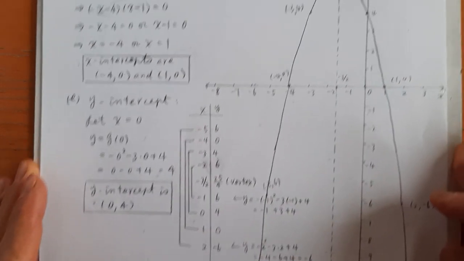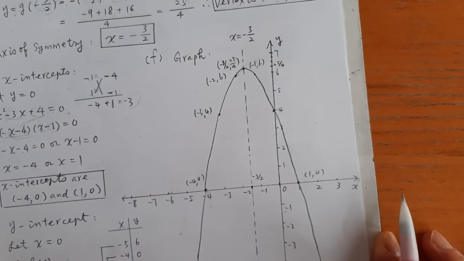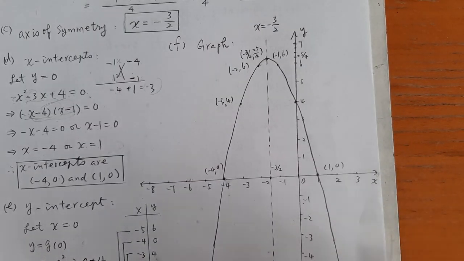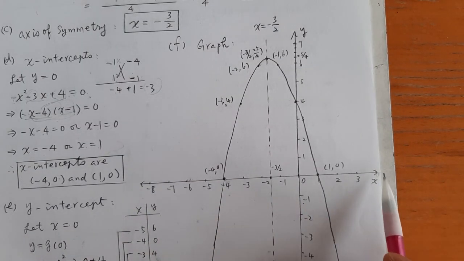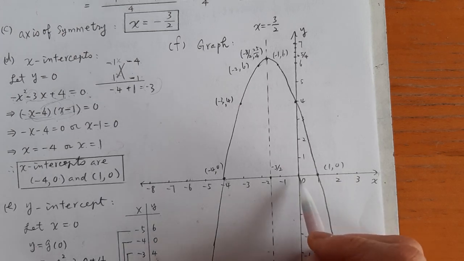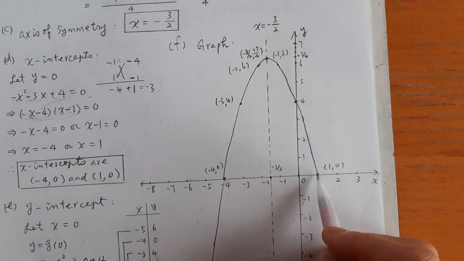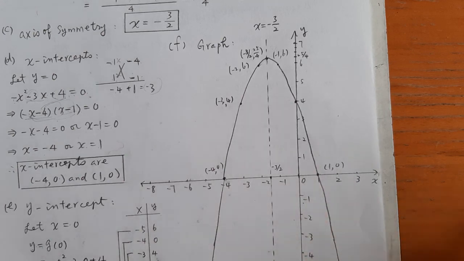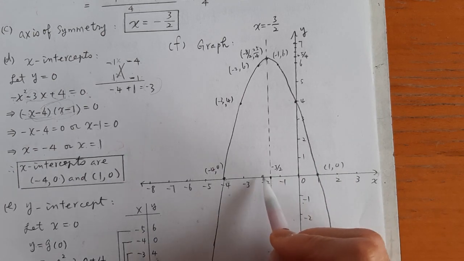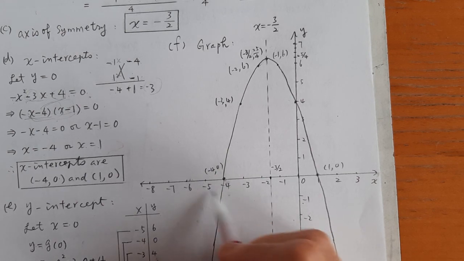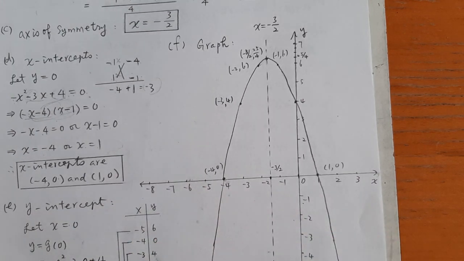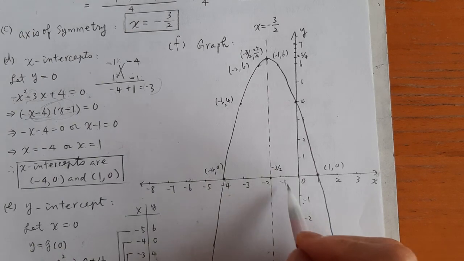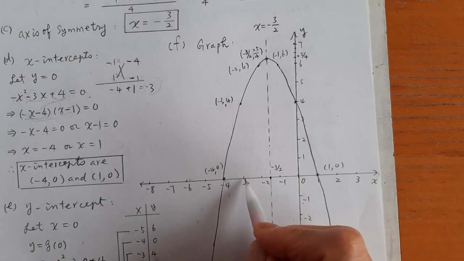Now we go to draw the graph. First of all, you draw the x-axis. Use the ruler to mark equal distances: 0, 1, 2, 3, and on the other side -1, -2, -3, -4, -5. One unit is an equal length.